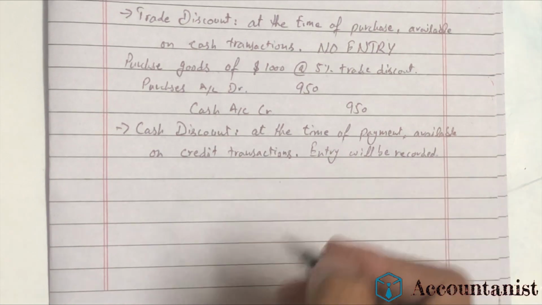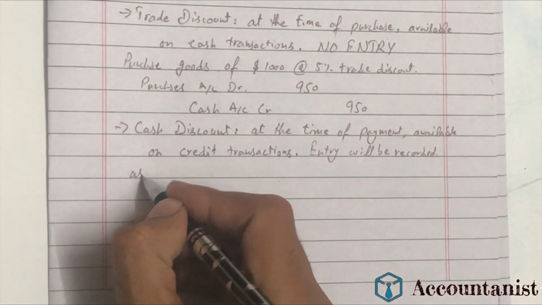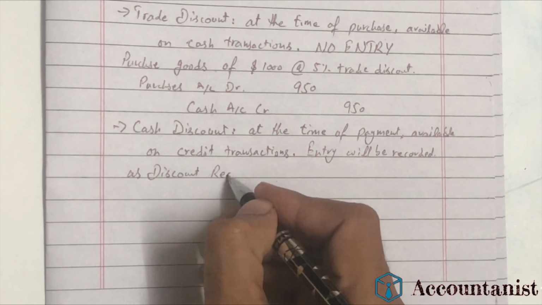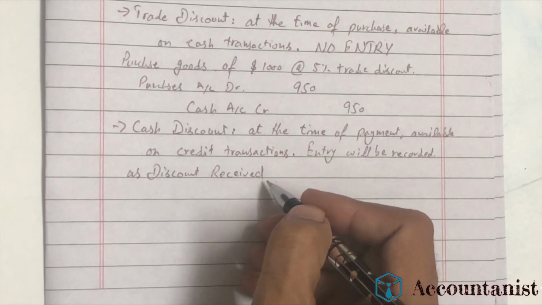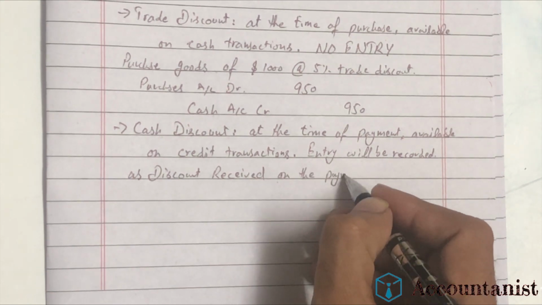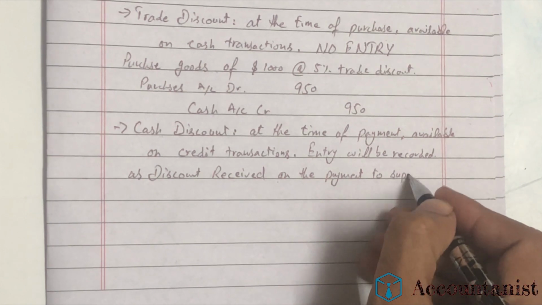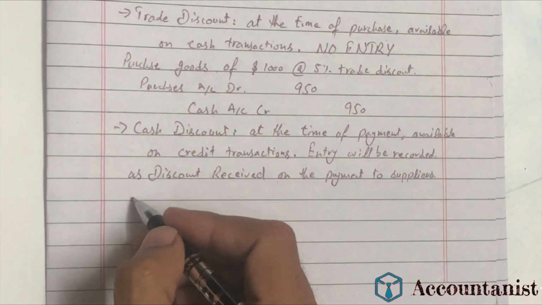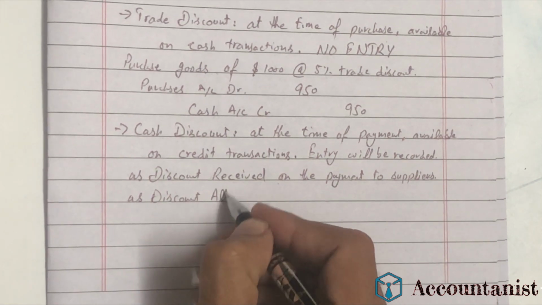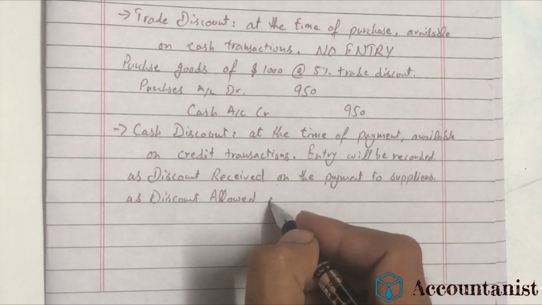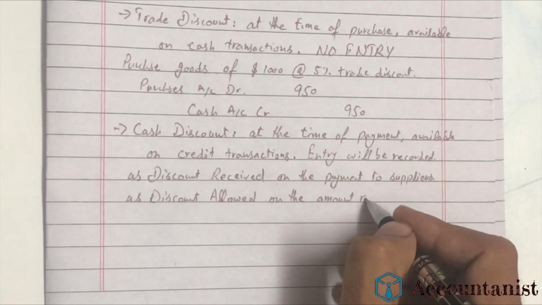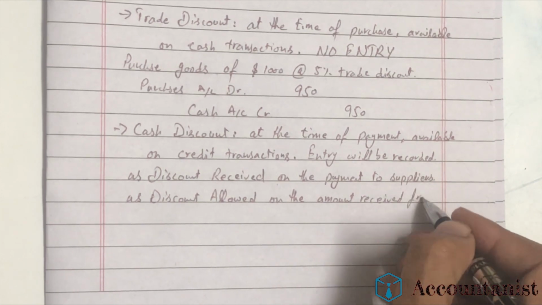The entry will be recorded either as discount received, on the payment made to suppliers, or as discount allowed, on the amount received from customers.